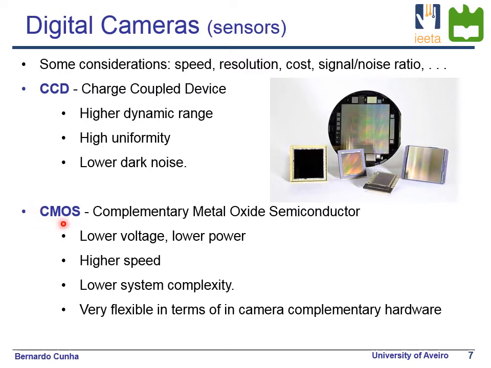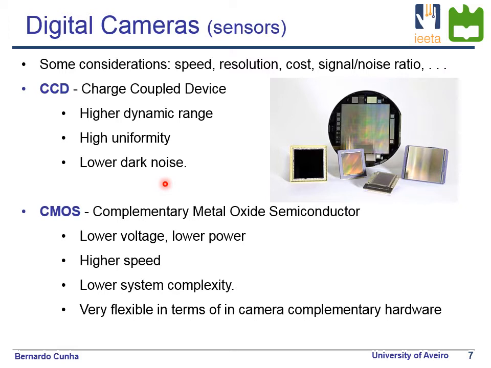CMOS is actually the technology that is used today for building digital systems or complex digital systems, such as computers, for instance. But CCDs, which are actually older in terms of technology than CMOS, are still important in the field of digital cameras.